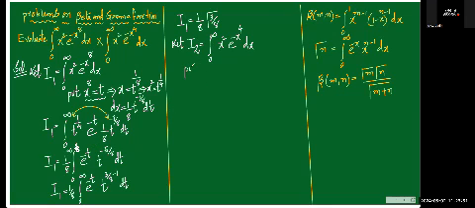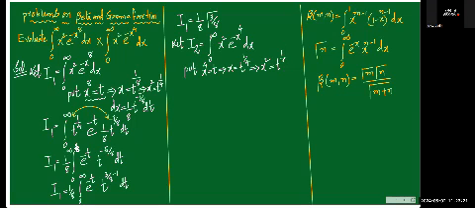Put x power 4 equals t. Can you tell me what we have to put? x power 4 is equal to t. This implies x is equal to t power 1 by 4, which implies if you want x square value, x square is equal to t power 1 by 4 whole square, that is t power 1 by 2.